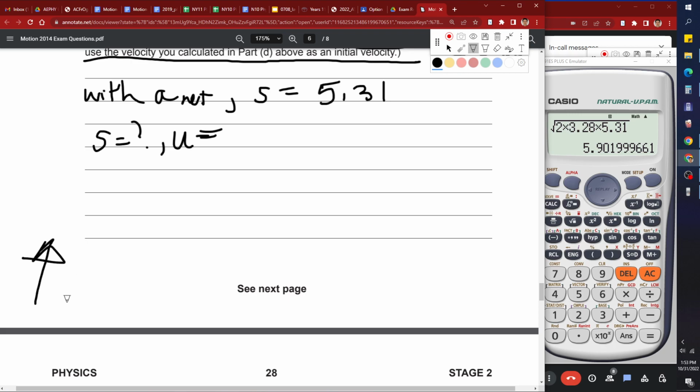There is from U equals 0 up to U equals 5.9, and then at that point the rocket's acceleration is 3.28. And at this point there's no more engine. There is the beginning of our new second part. This is S1, this is S2. Now we want to find S2 to find that total height.